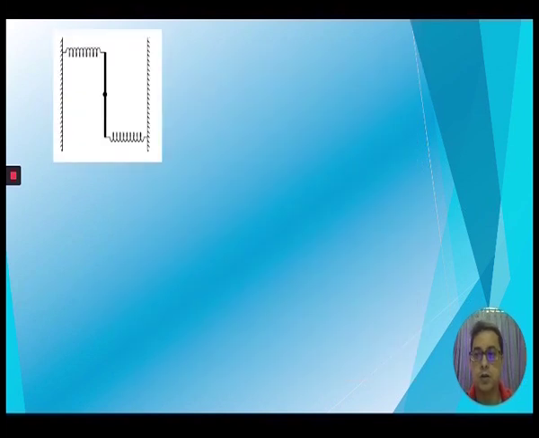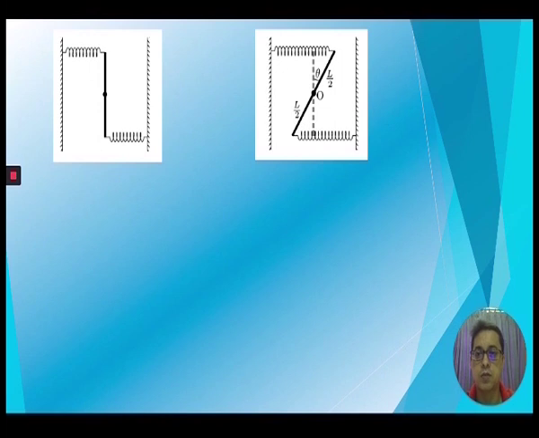So this is the original situation. Now you give a push to this rod in this direction, by a very small angle theta. Because of this, both the springs are going to get stressed by how much? Both the springs will get stressed by this much distance.